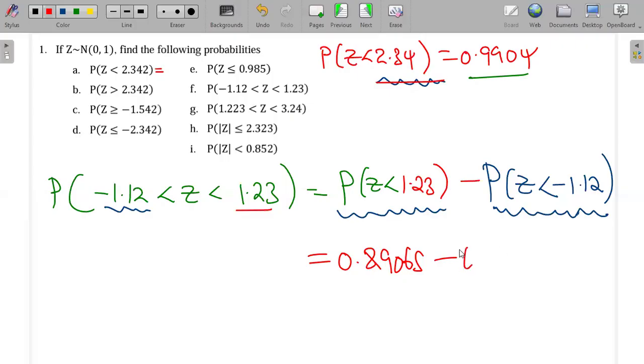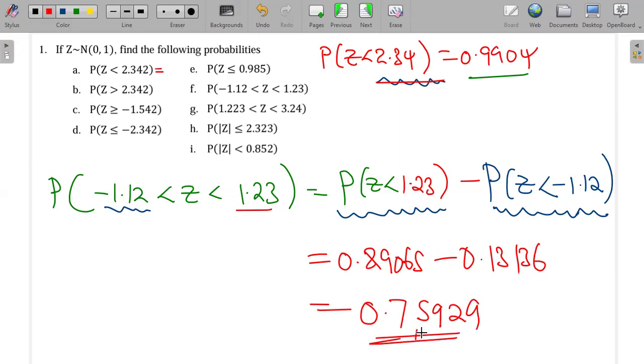I write 0.13136, and then I subtract these two: 0.89065 minus 0.13136. Subtracting, we get 0.75929. That's the probability that we get there.